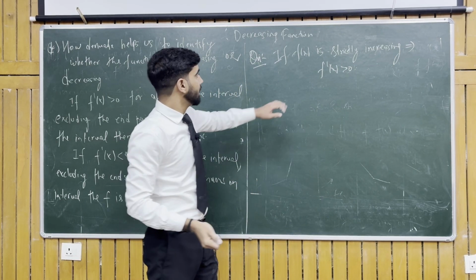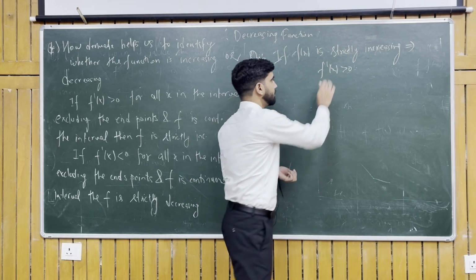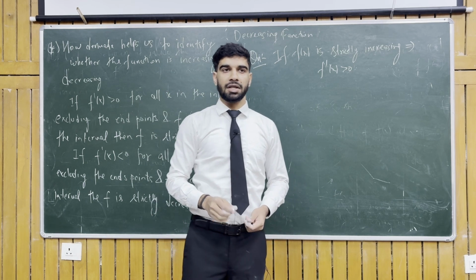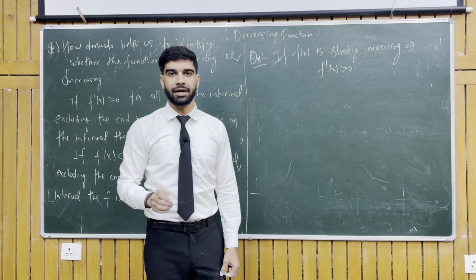The question says that if the function f(x) is strictly increasing, then can we say that f dash x is greater than 0? The answer is no. We can take an example which is strictly increasing, but its derivative need not be greater than 0.